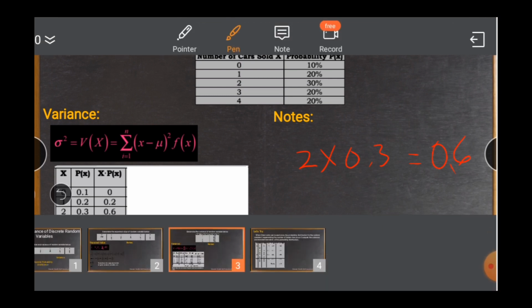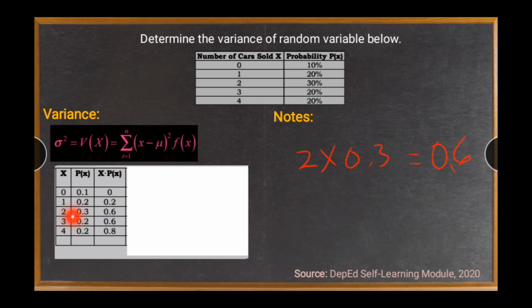And this follows. 3 times 0.2, that's 0.6. 4 times 0.2 is 0.8. Again, for your third column, just multiply the first and second column.